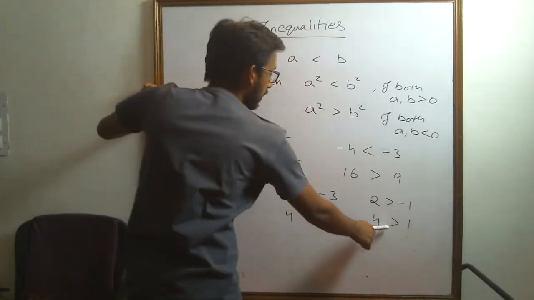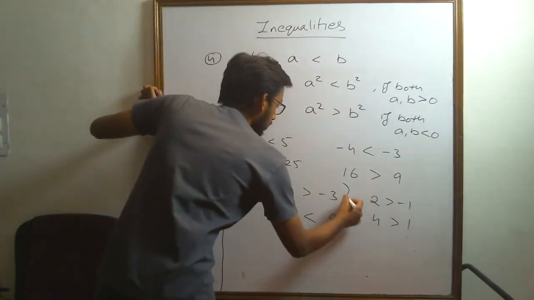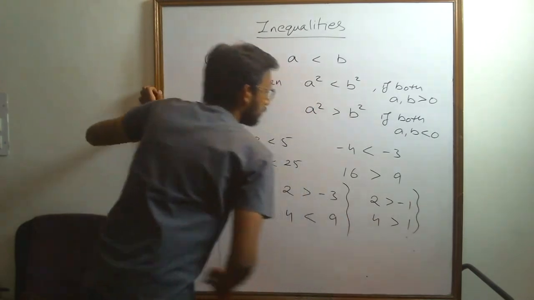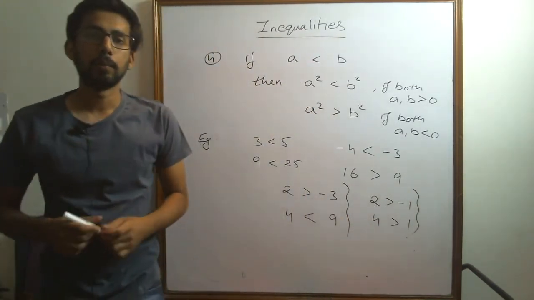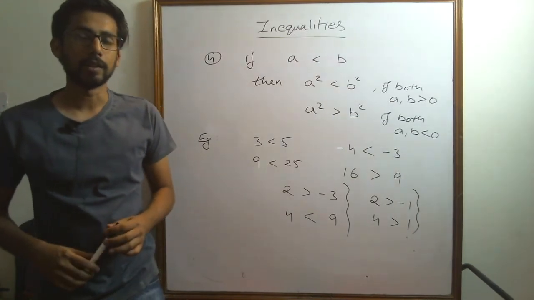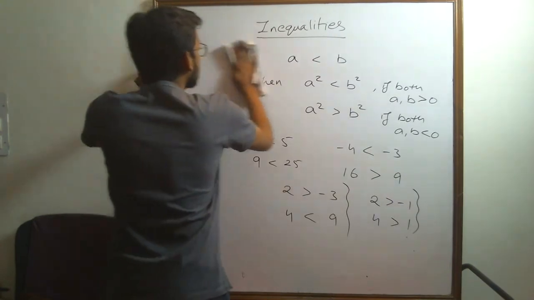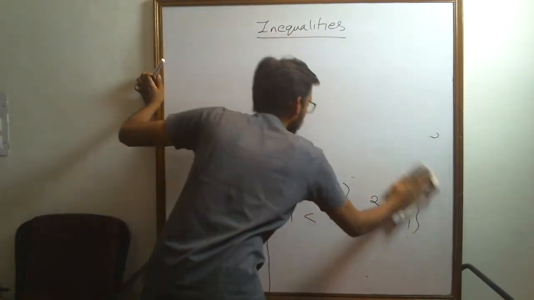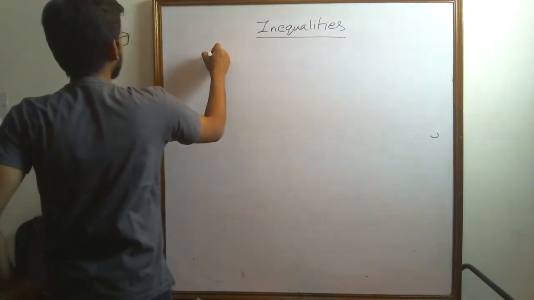So in this case, the inequality does not change. That's why we cannot say how the inequality will be if one number is positive and one is negative. We get the result only when both are positive or both are negative.